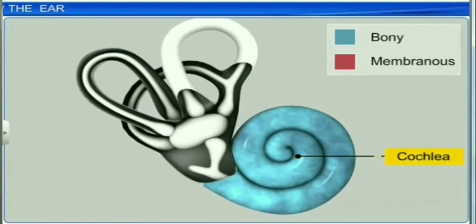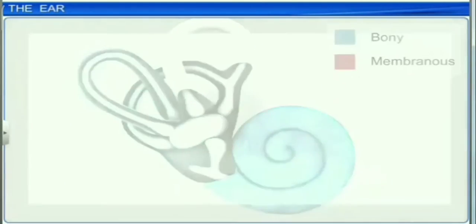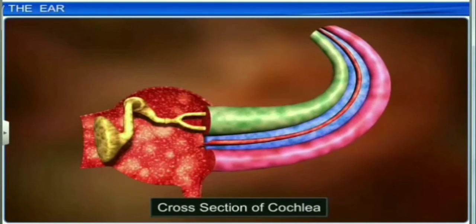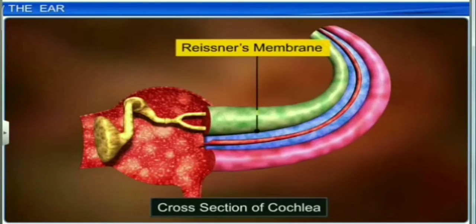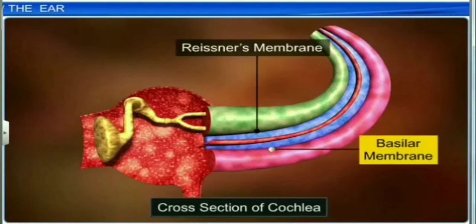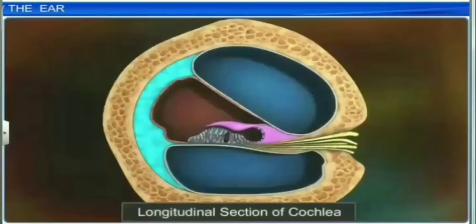The cochlea contains three fluid-filled chambers. If we take the cross-section of the cochlea, we find three fluid-filled chambers separated by Reissner's membrane and basilar membrane.